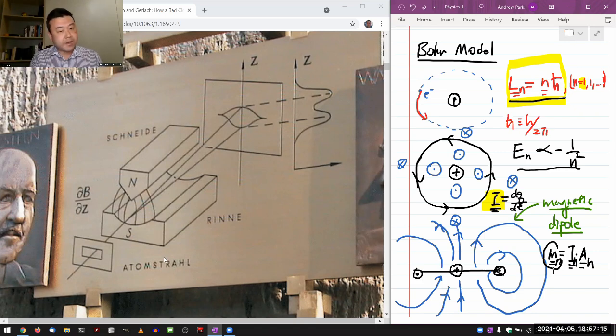So if this was some classical arrangement with the angular momentum taking any continuous set of values, then you might expect some kind of spreading of the atomic beam, but you wouldn't expect this bimodal distribution with one distinct value and a second distinct value. You would expect it to be just generally spread out.